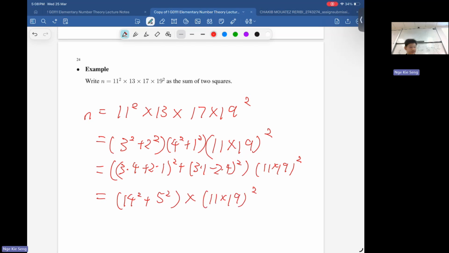This is a sum of two squares multiplied by a square. I think we met this just now. So what we're going to do is just push the 11 times 19 into each term inside the sum, like this. Does it make sense?